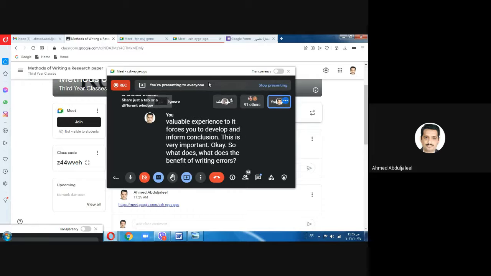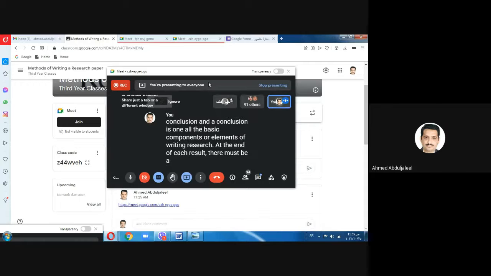That is to form, at the end of your research, a conclusion, and a conclusion is one of the basic components or elements of writing a research. At the end of each research, there must be a conclusion.